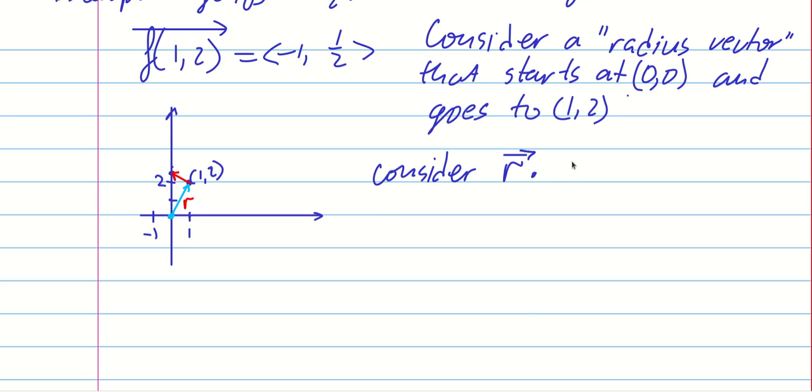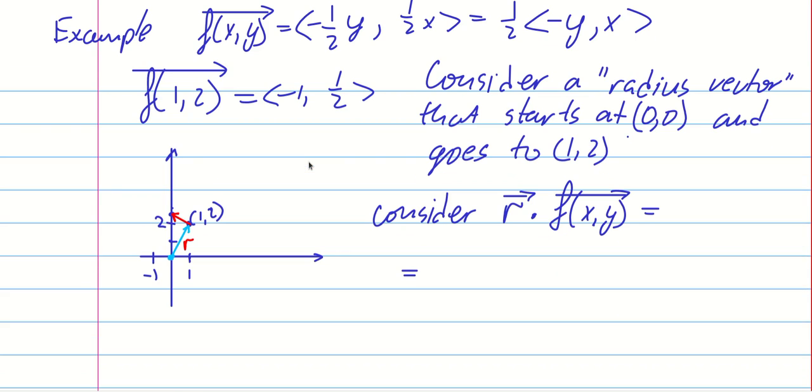r dot f of xy. Right, so since it produces a vector, we can take a dot product. So let's see what we can achieve. So since our function is given by this over here, and that's our starting point, this will be r, right?